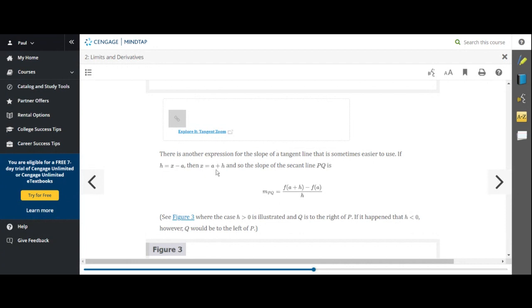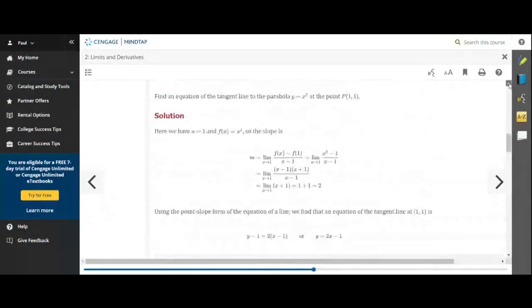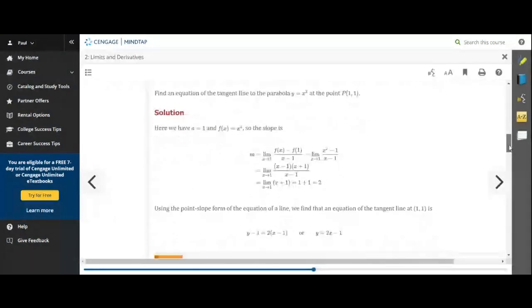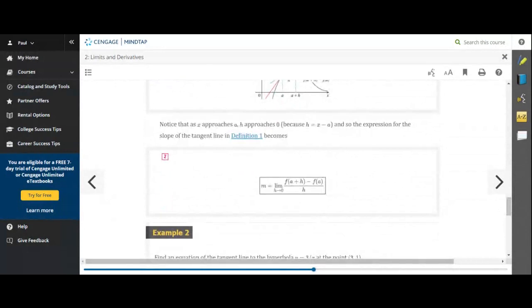So x was then equal to a plus h. So all they did was take the original definition that you learned, the original difference quotient, and replace x with a plus h. And then x minus a was equal to h. So they're just rewriting the difference quotient to get this second definition.